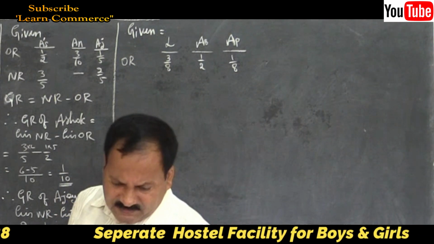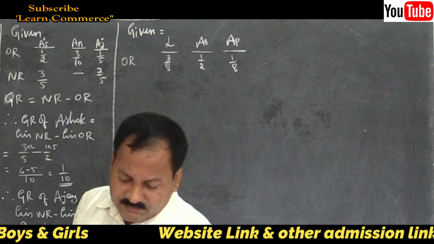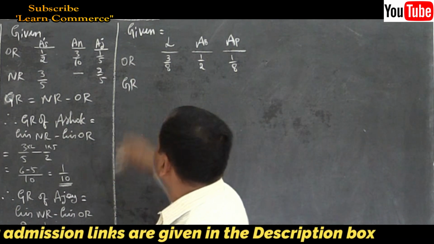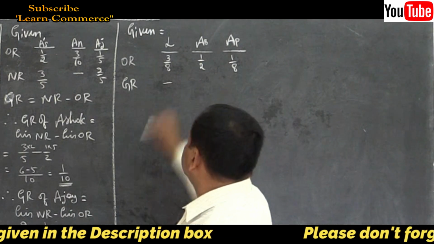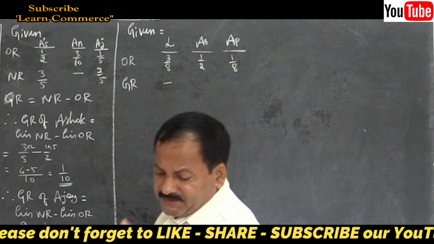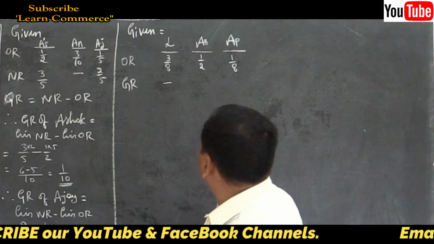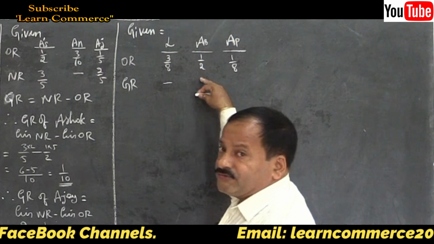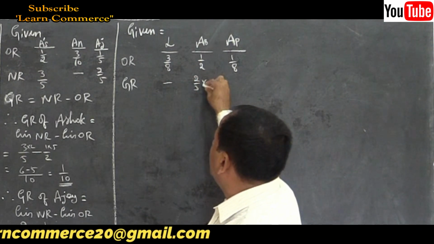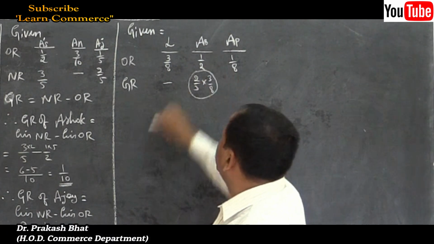Lata retires and surrenders 2/3 of her share. So gain ratio, Lata retires, so dash. And surrenders 2/3 of her share in favor of Abhishek. So Abhishek gets 2/3 of Lata's share. This is the gain ratio of Abhishek.